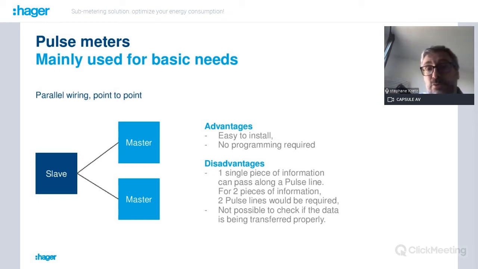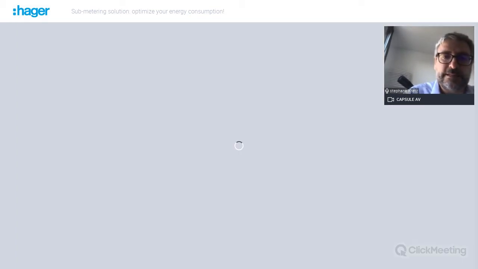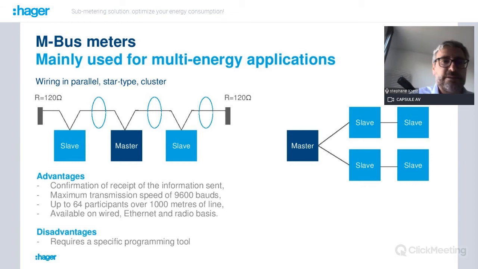So it could be used for small installations, where you don't need to be too precise on what you measure. Then we have MBus. We saw that MBus was also mentioned, 11%. MBus means metering bus. A metering bus, as it's called, is for metering, but globally for metering of multi-energy.